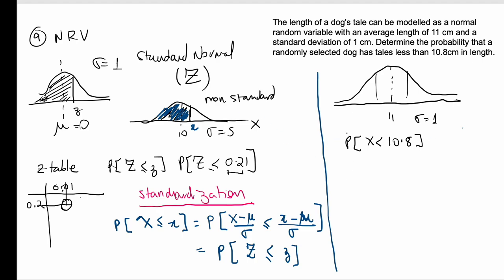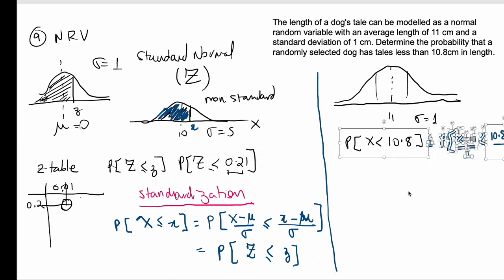So this p here that I want is actually equal to a p where I'm going to do a manipulation. I'm going to take 10.8 and the x, and I'm going to subtract on both sides the mean. The mean of the tails is 11. And then I'm going to divide by the standard deviation, which, thank God, is 1, right? So that we don't have to calculate this.